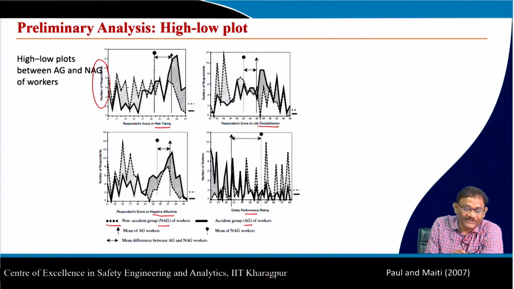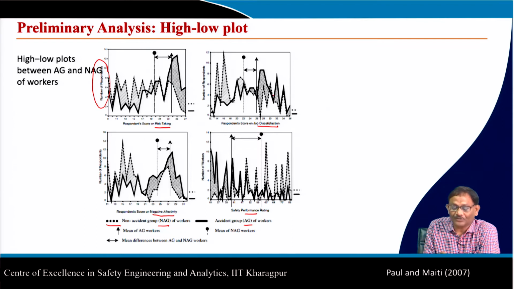Now you see what is happening. For the respondent score on risk taking, when the score is low, the non-accident group people are more, and when the score is high, the accident group people are more. So it simply indicates that risk taking behavior is shown more in the accident group of workers.